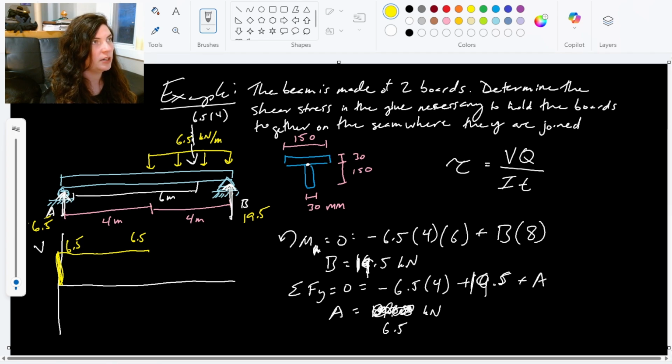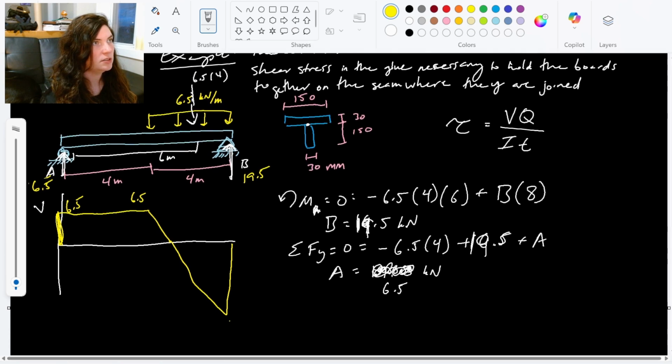For my first meter, I go down by 6.5. That takes me to 0. Then I go down by 6.5 for the second meter, the third meter, the fourth meter, to the end. So that takes me down 6.5 times 4 to a negative 19.5.